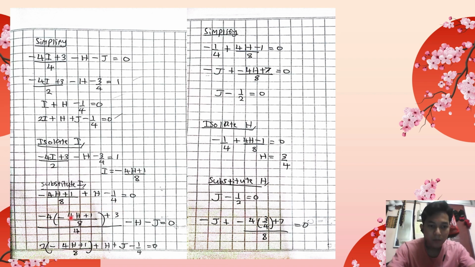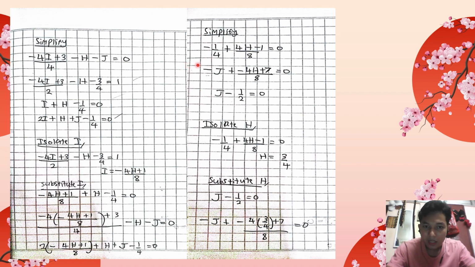Negative 4 bracket negative 4h plus 1 over 8 plus 3 over 4 minus h minus j equal to 0. And 2 bracket negative 4h plus 1 over 8 plus h plus j minus 1 over 4 equal to 0.